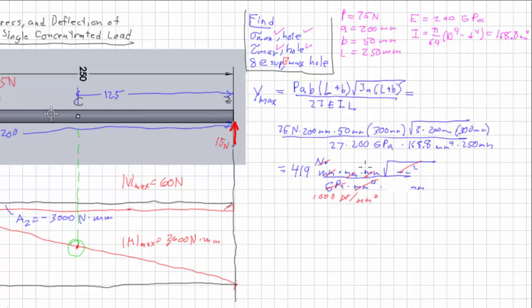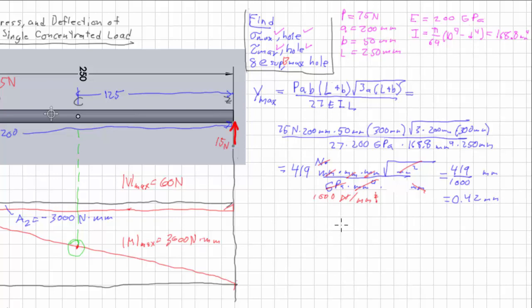So since we've got millimeter squared on the top, I can cancel that out with that, and we end up with just 419 over 1,000 millimeters, or 0.42 millimeters. Okay, that is our maximum deflection.